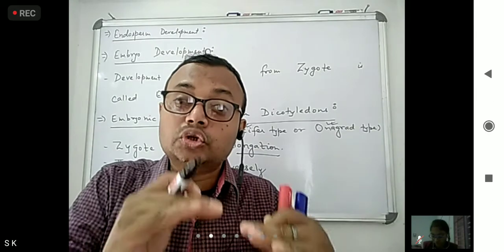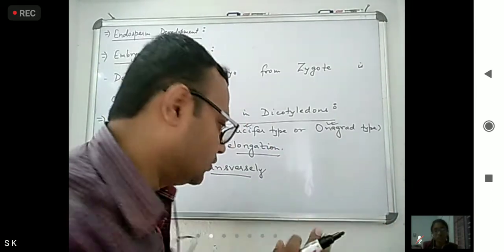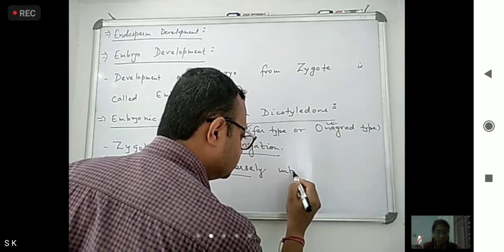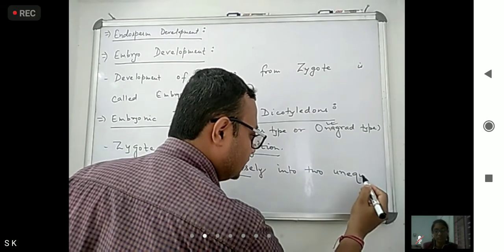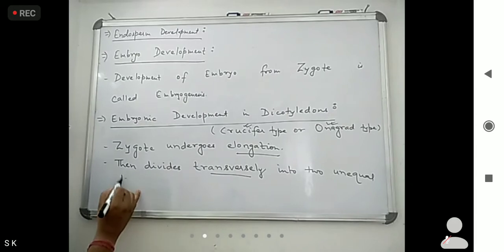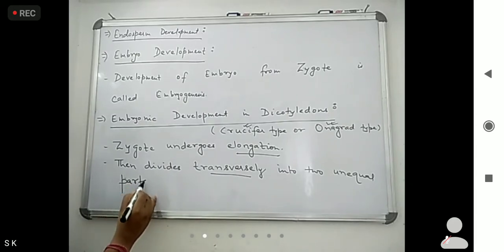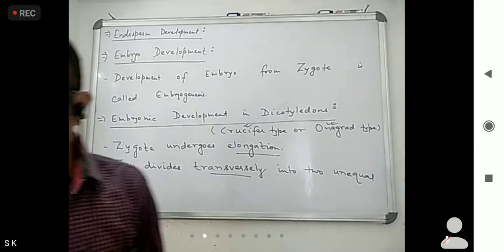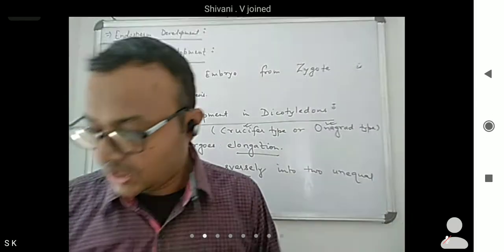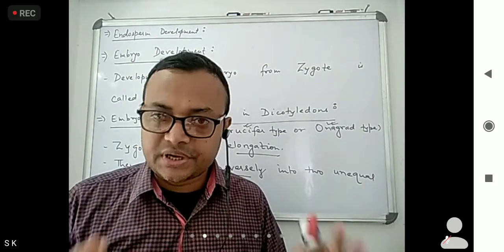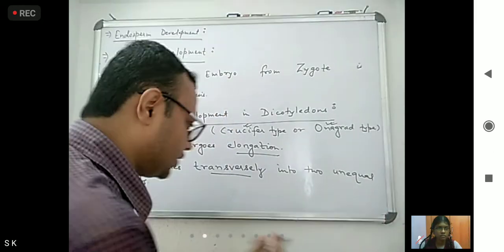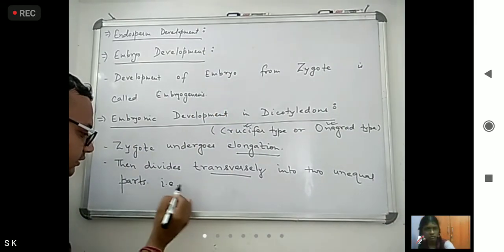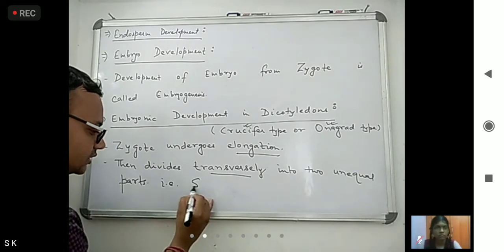into two unequal parts. Okay, one is known as the suspensor cell and one is known as the embryonal cell.